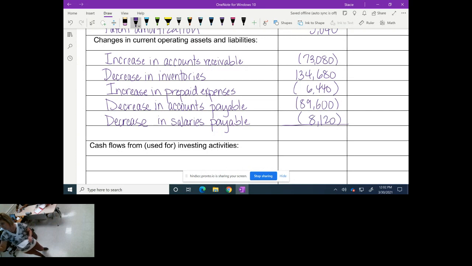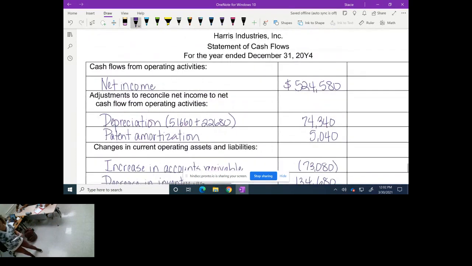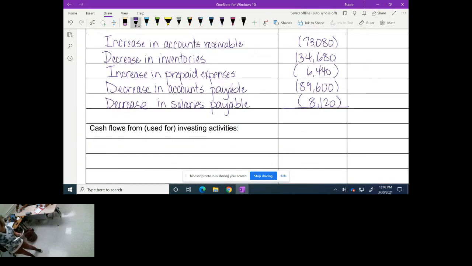All right, we gotta add everything we've done so far, add, subtract, get a total. And that's gonna be net cash flow, either from or used for. So if we get a positive number, is that from or used for? From operating activities.